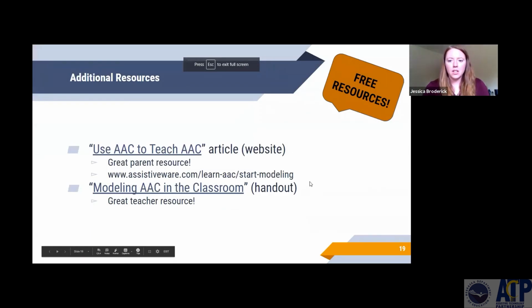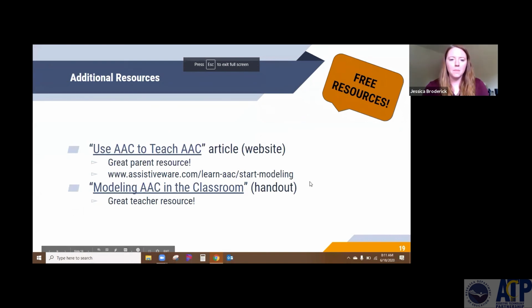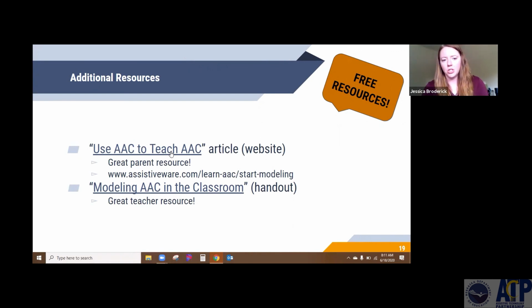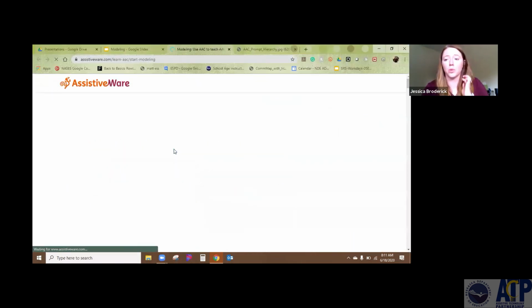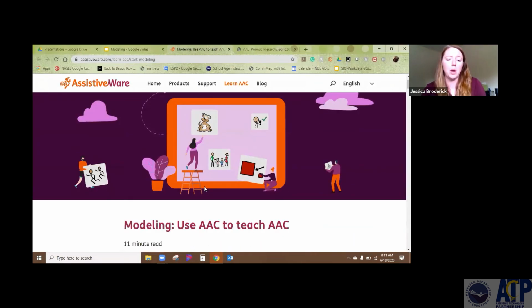Okay, a few additional resources here. This is an article from a website that's called Use AAC to Teach AAC. You can see the website here. It's from AssistiveWare. I think this is a great parent resource. I love to give this to parents.